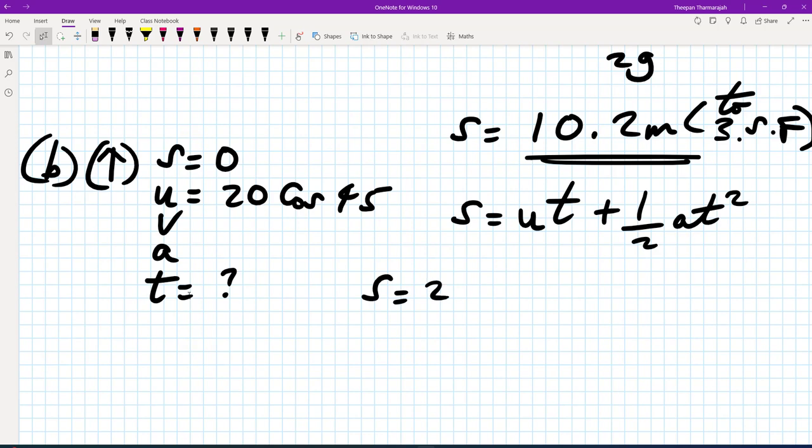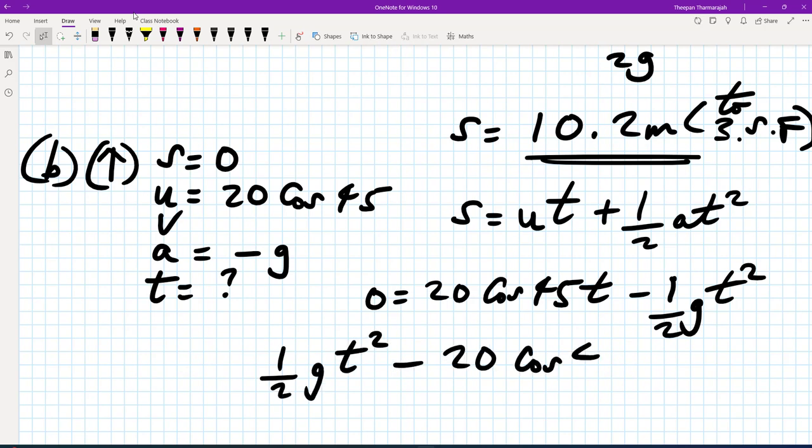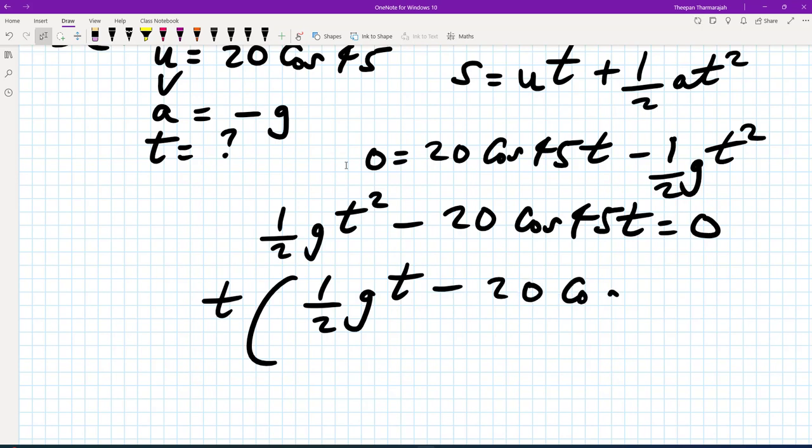So S equals 20 cos 45 t minus, don't forget we've also got minus g, so it's minus half gt squared, and don't forget S is 0, so we can say a half gt squared minus 20 cos 45t equals 0, and then we can factorize this to give me t and a half gt minus 20 cos 45, like so, equals 0.